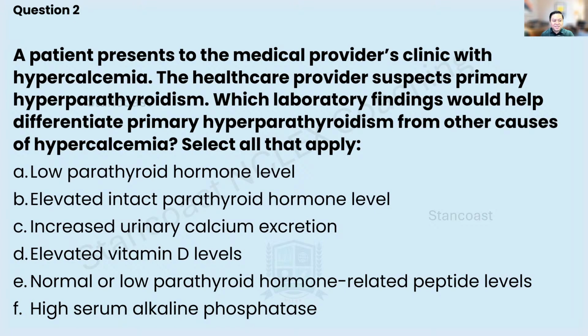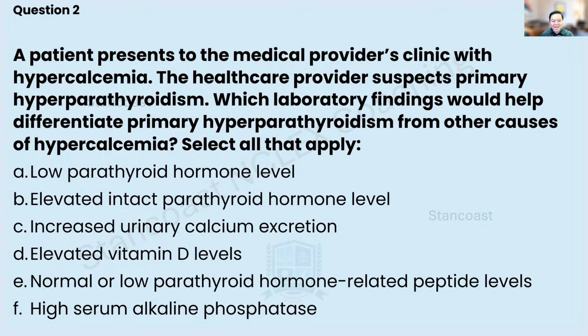All right, so your patient has visited the medical provider's clinic. Of course, they have hypercalcemia, right? So your physician is suspecting primary hyperparathyroidism. So which of the following lab values or findings would help in differentiating primary hyperparathyroidism from other causes?